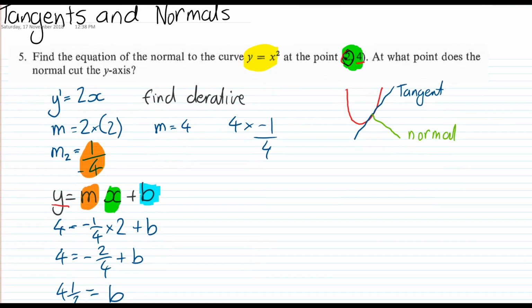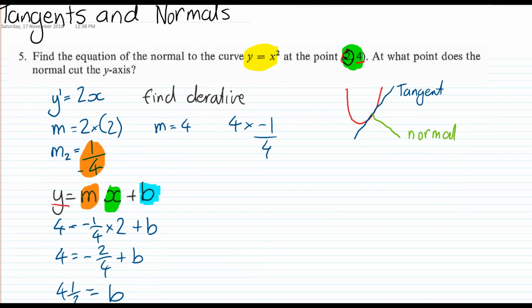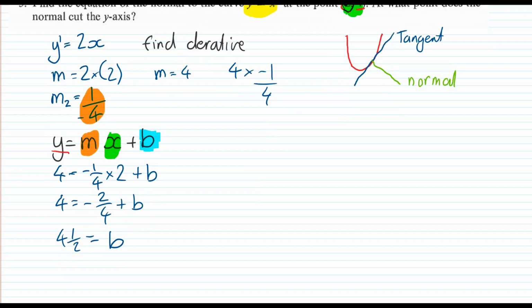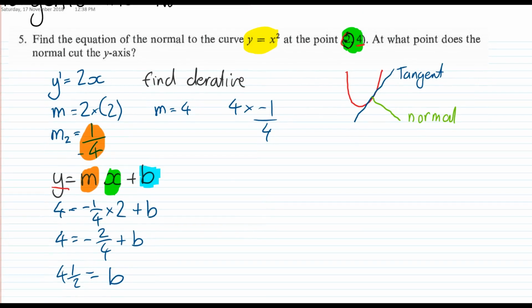Our answer to what is the normal to the curve y equals x squared at the point is going to be y equals m, our minus a quarter, x plus 4.5.